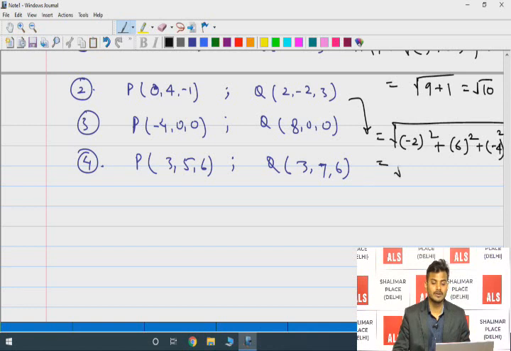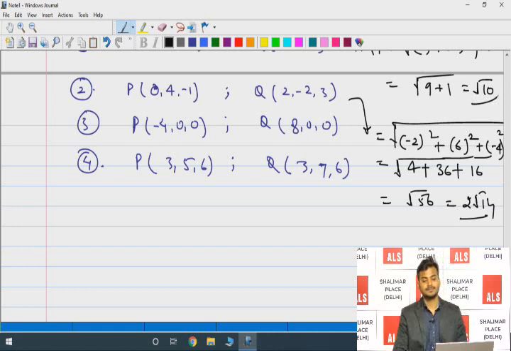Let's solve this one. You will get 4 plus 36 plus 16, so the answer is root 56, 2 root 14. That's the answer.